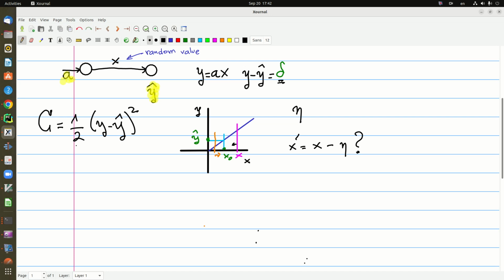We're gonna see why this 1/2 factor is also part of the cost. So this cost expresses the error that we have in our calculation.